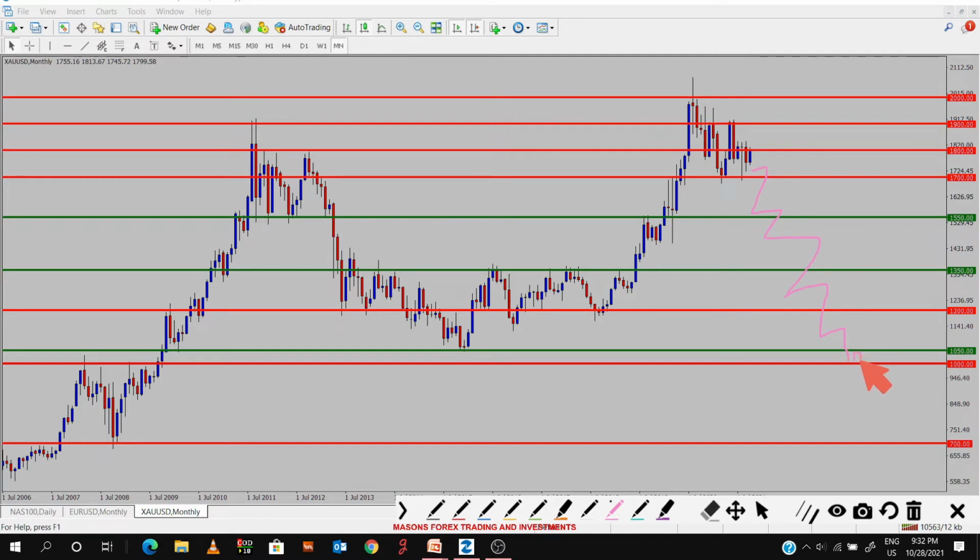Again, if I manage to get a pin bar followed by an engulfing bar, I would look for price to move to the 1,200 level, or firstly reach 1050, and from 1050 potentially reach 1,200.